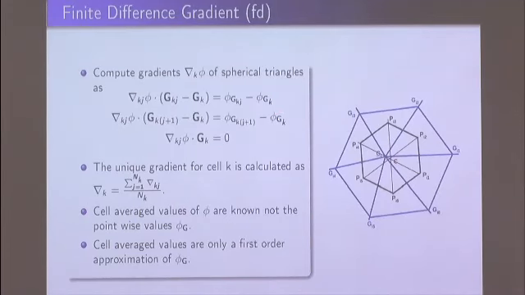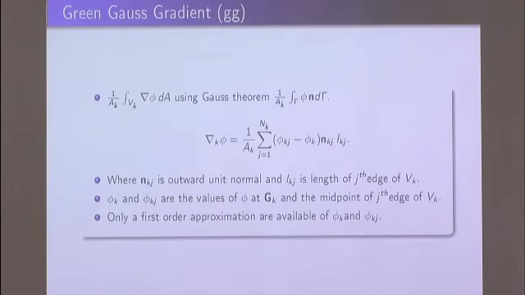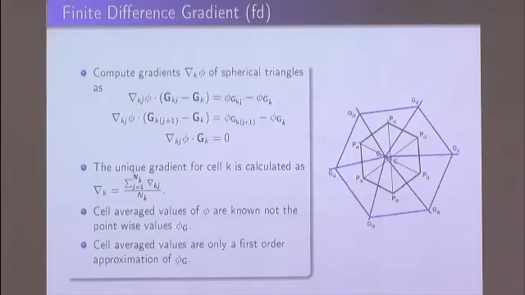The second gradient is well known, the gradient using Green's theorem. In this, the cell average gradient is converted to a surface or line integral, and then we approximate this with the values and the geometry of the grid.